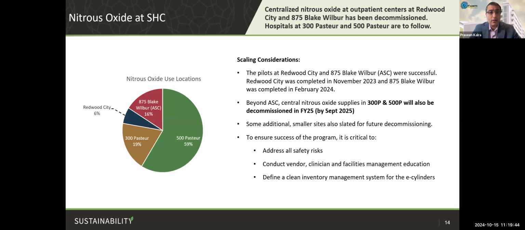No surprises there. 300 Pasteur Drive, the second biggest hospital, was using around 19%. Our Blake Wilbur ASC Center was using around 16% and Redwood City around 6% or so. So we now knew that we could quantify how much nitrous is being used where, and then we started thinking about how to conduct a pilot and what our goals of the pilot study would be. Next slide, please.